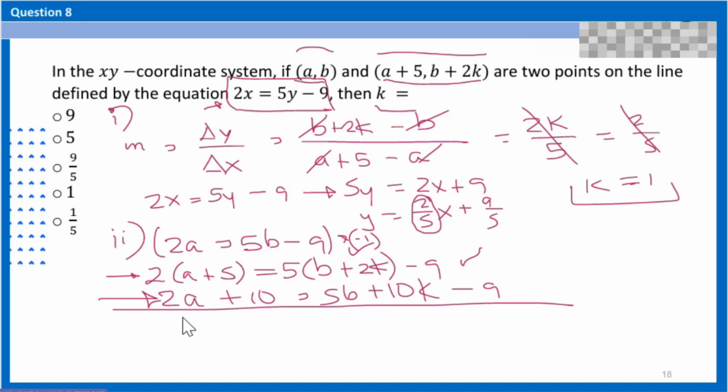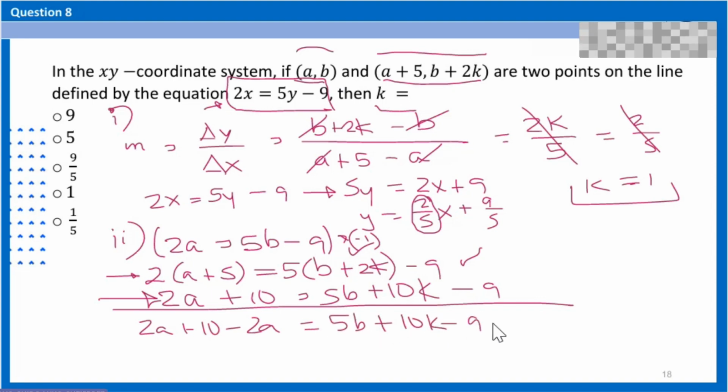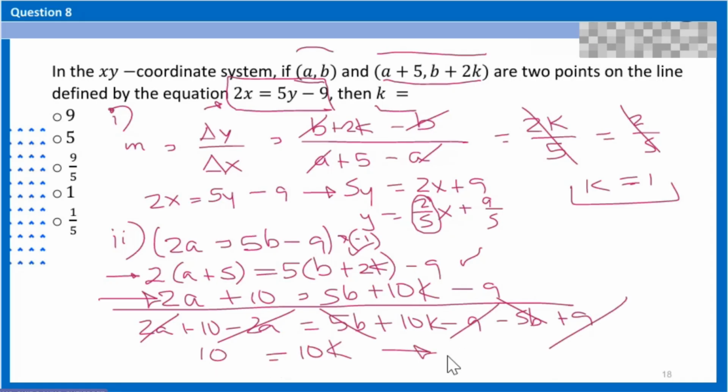So you would have 2a plus 10 minus 2a equals 5b plus 10k minus 9 minus 5b plus 9. So notice what happens. Away, away, away, and then 10 equals 10k. Therefore, k equals 1. So that's another way.